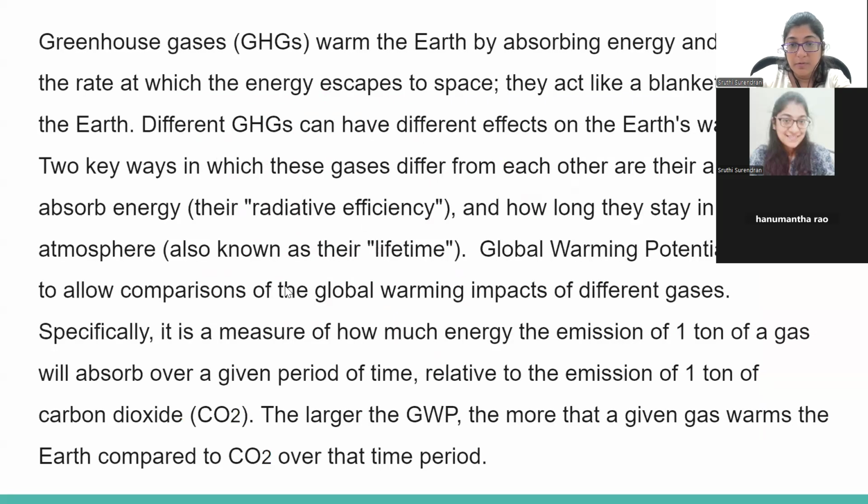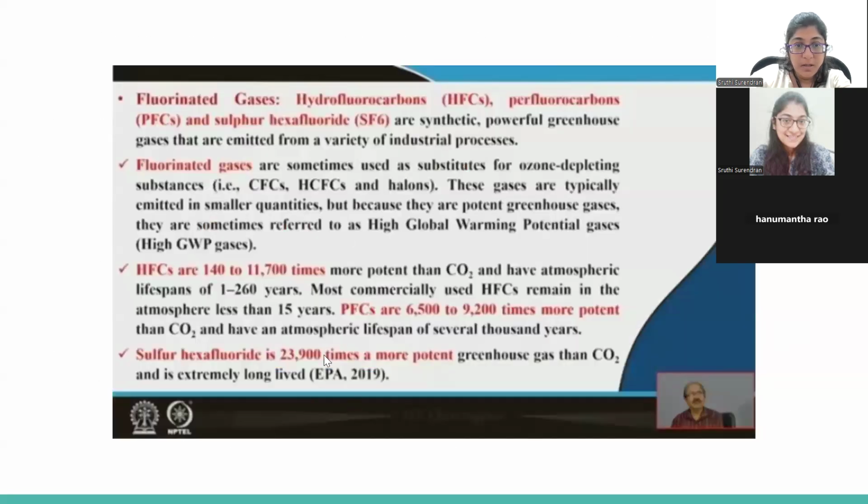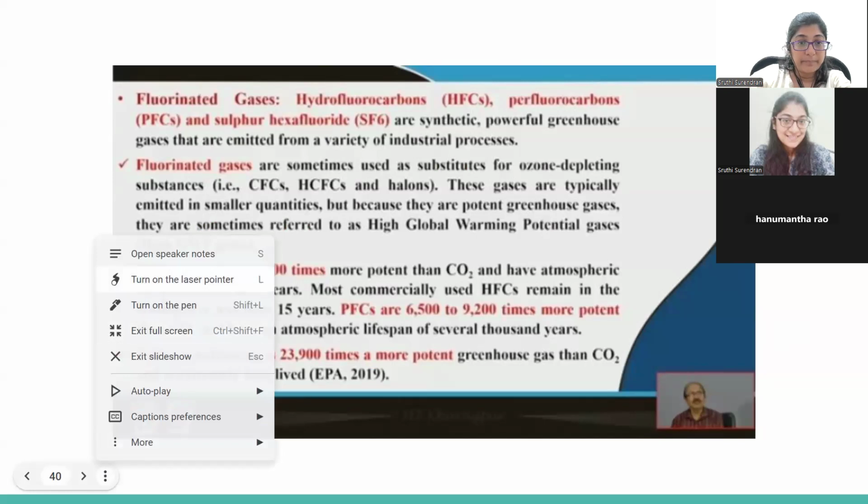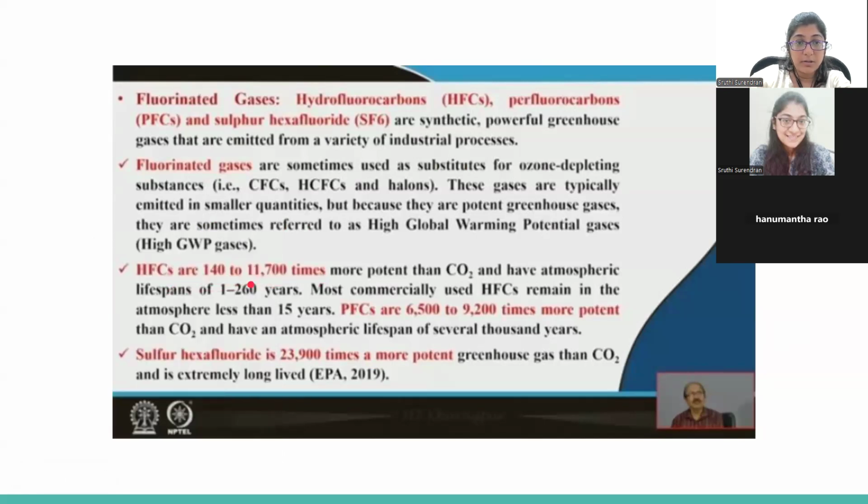Here, we see sulfur hexafluoride at 23,900 times more potent than carbon dioxide, and it stays for a very, very long time in the atmosphere. Similarly, HFCs are this many times more potent than carbon dioxide and have a lifespan of 1 to 260 years. Then there are fluorinated gases; they're not talking about the potency.